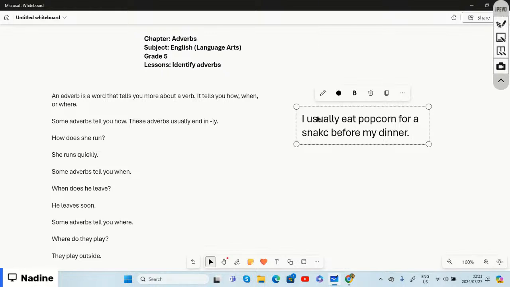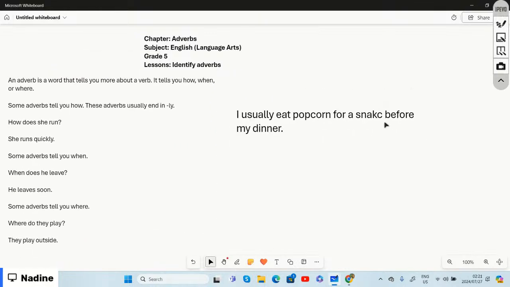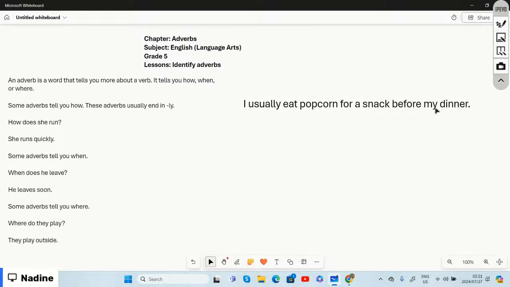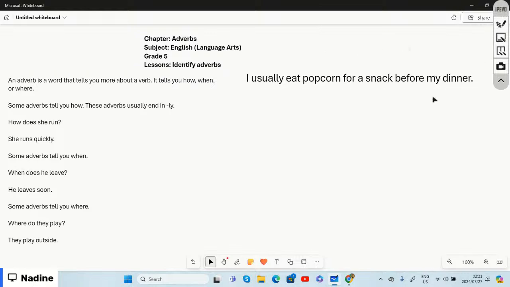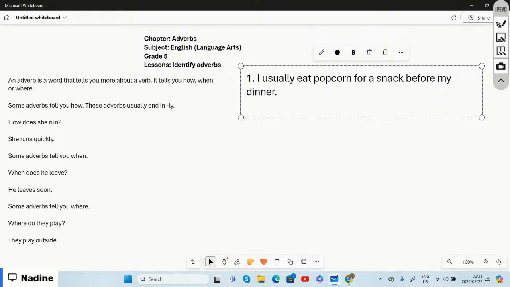So let's look at that sentence, right? I'm going to leave that there like that. I'm going to write down another sentence and then we will identify what our adverbs are within those sentences.